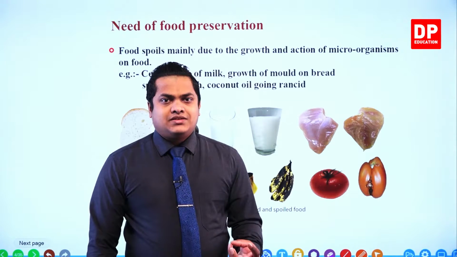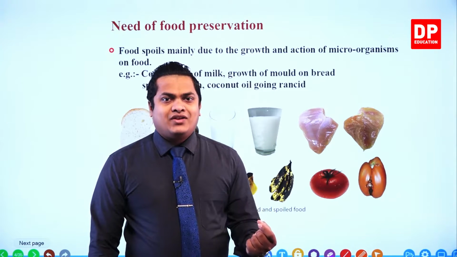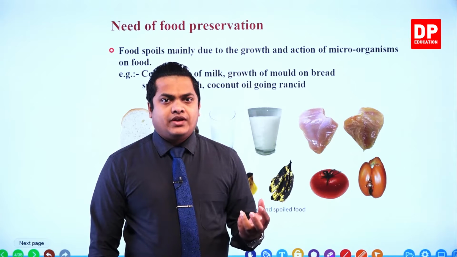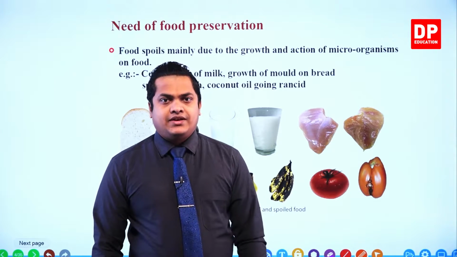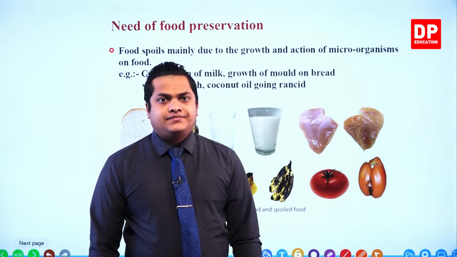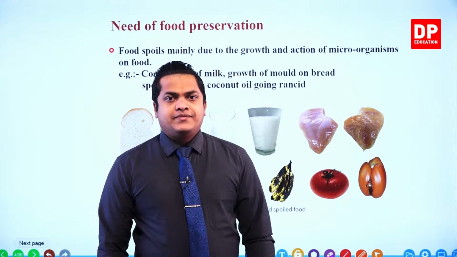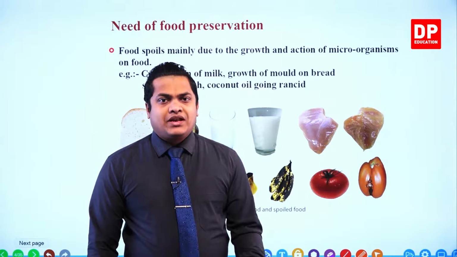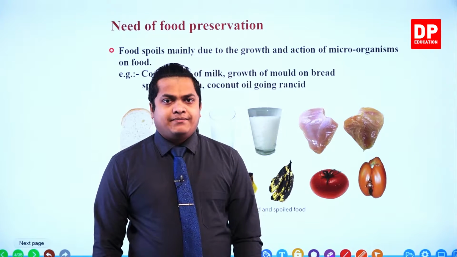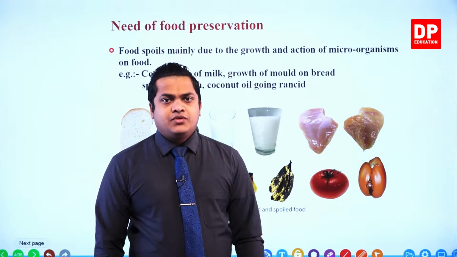Microorganisms turn this milk into a different kind of form, actually a type of semi-solid. So my dear children, this is what happens to the milk if you keep it for a longer time period, exposed to normal environmental conditions.